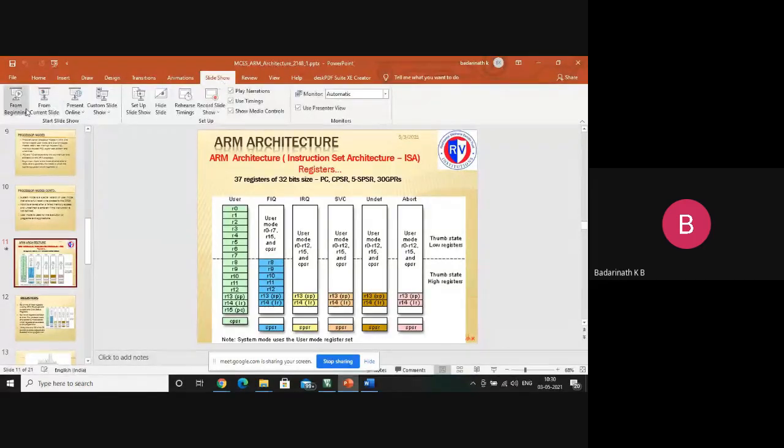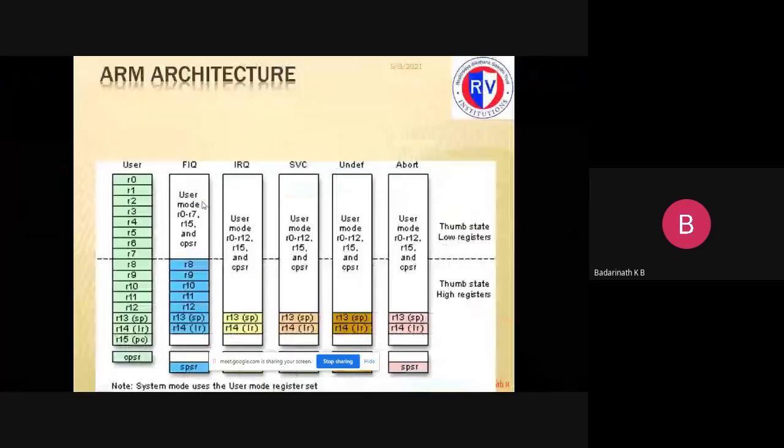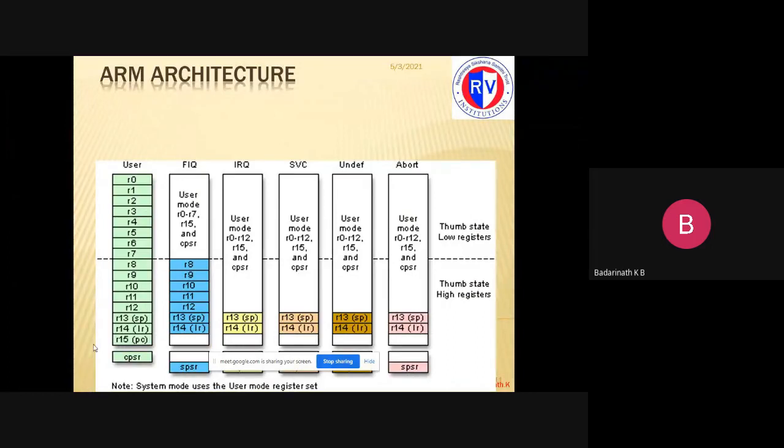Now, let's say the programmer is executing a program. At that time, a request is generated by a peripheral which wants immediate service.